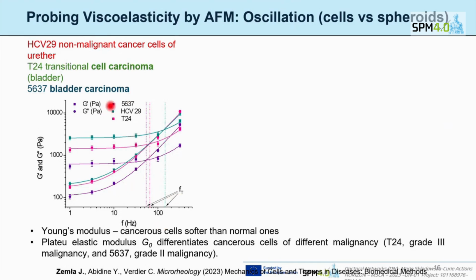The HCV cells have the larger storage modulus, while the low-grade cells have the smallest storage modulus. Additionally, you can see that there's a difference in transition frequency. This is the point at which the loss and storage modulus are equal.